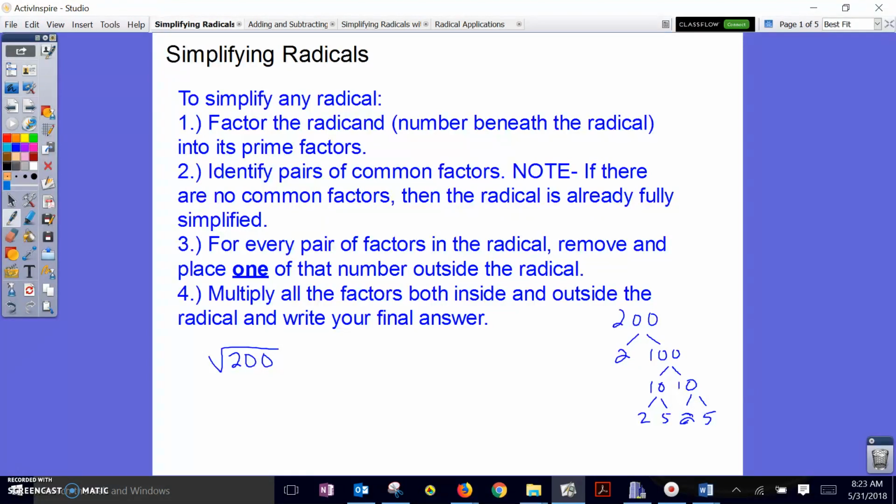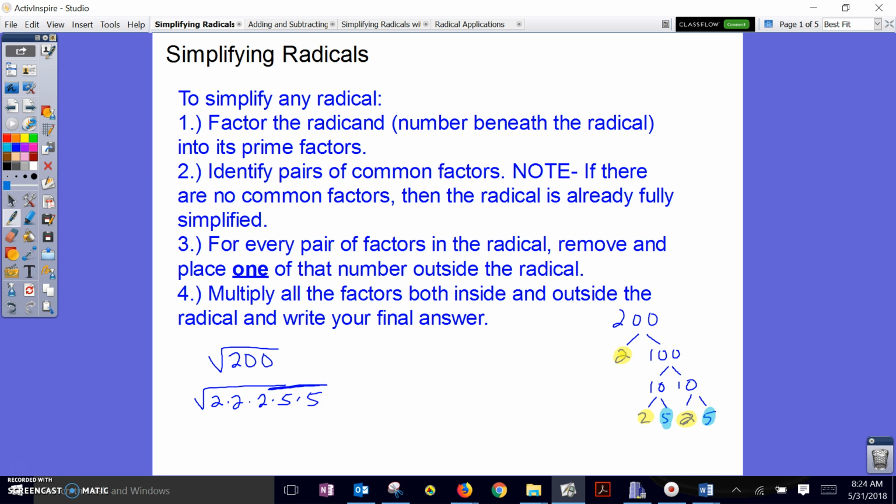And so we have all the prime factors now of 200. We have 2, another 2, another 2, and we have a 5 and a 5. So we can break down this 200 into 2 times 2 times 2 times 5 times 5.